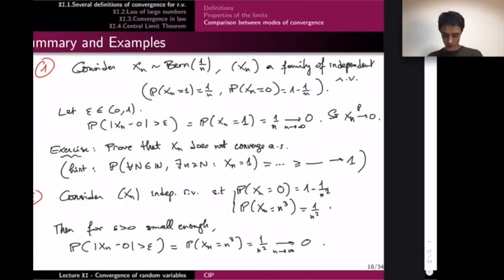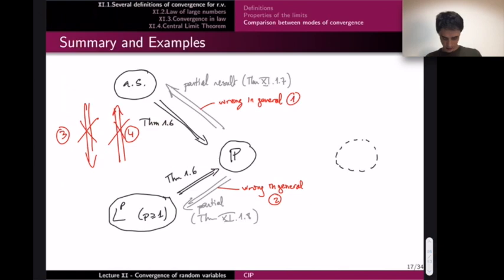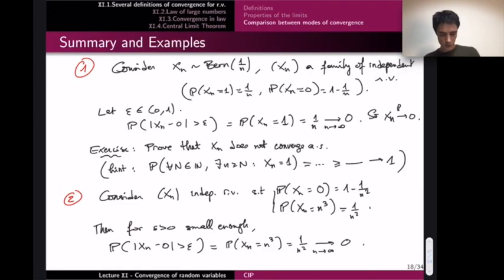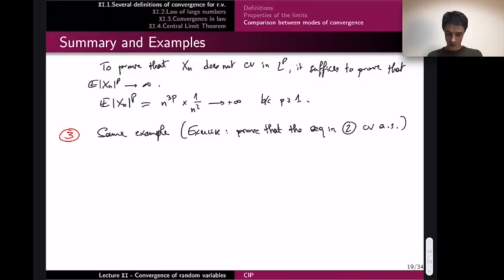This is kind of the same. You can do it similarly to what I've said here, and if you manage to find some computations, you can more or less do the same to prove that the sequence converges almost surely. And as we said, it does not converge in LP.